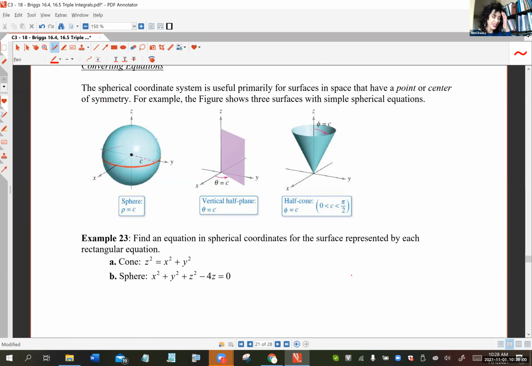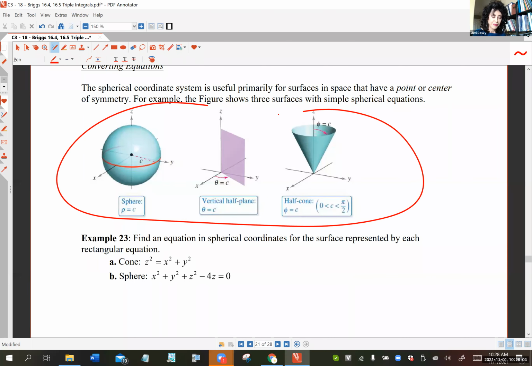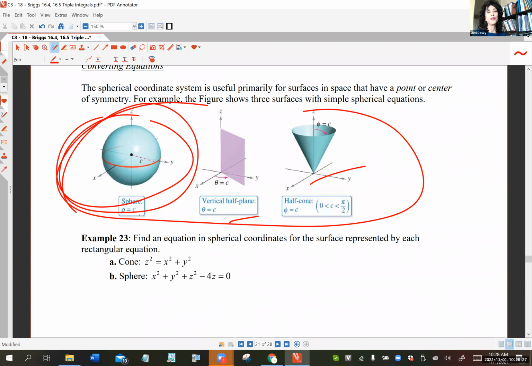That can be dangerous. It turns out if you're dealing with a solid that has a point or a center of symmetry, like a sphere or a half plane or a cone, those are good candidates for converting to spherical. I want to tell you, though, I always convert to spherical if I'm dealing with a sphere as my region of integration.